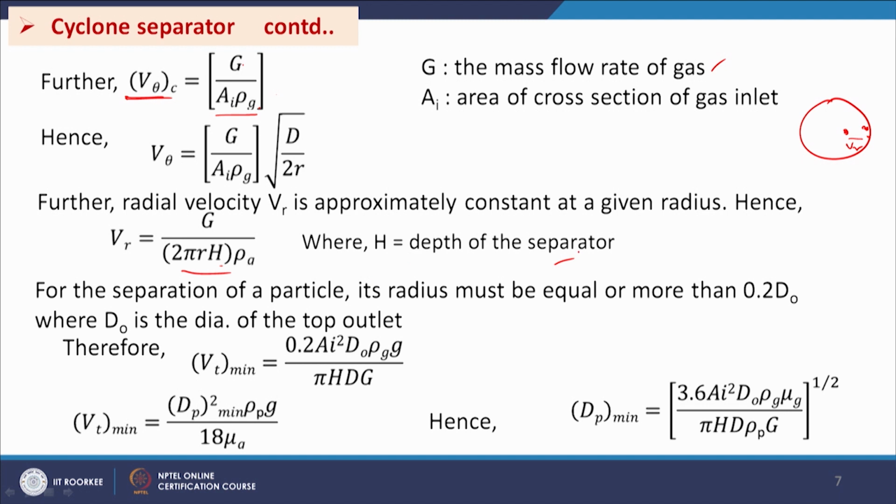Now, for the separation of a particle, its radius must be equal to or more than 0.2 of d o, the diameter of the top outlet through which the gas goes out. That is the critical value for separation.